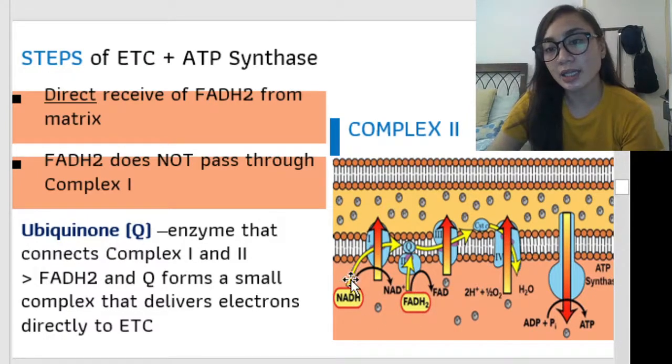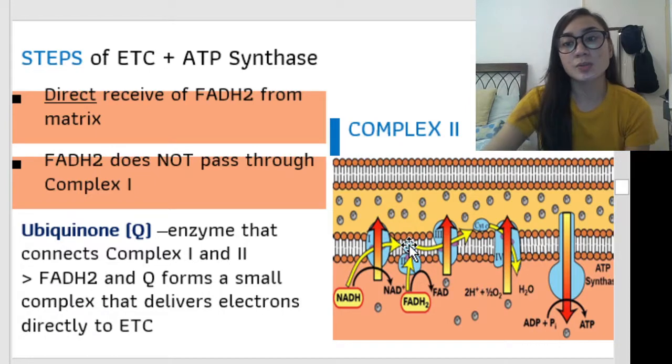So, kung makikita nyo, yung arrow natin, hindi lang galing sa complex 1 na dadaan sa Q. Meron din po tayong arrow from matrix. Ibig sabihin, yung electrons natin, meron din papunta sa Q. So, basically, sa ating complex 2, marami pa ring electrons na pumapasok. And Q is the connector para makuha yung mga yon.